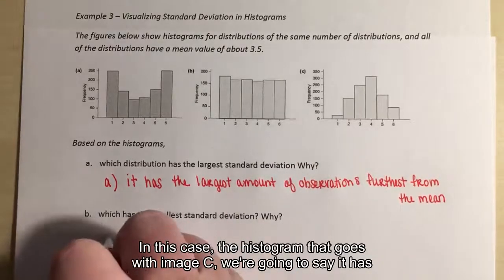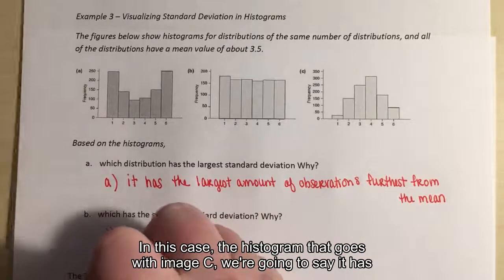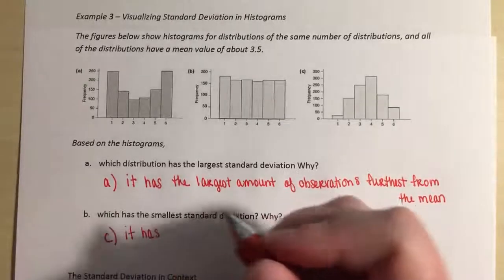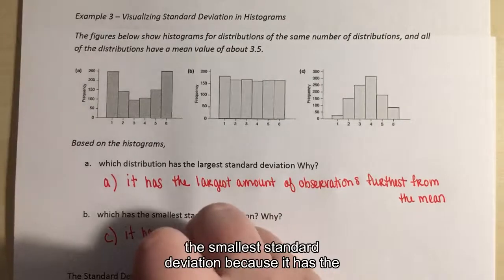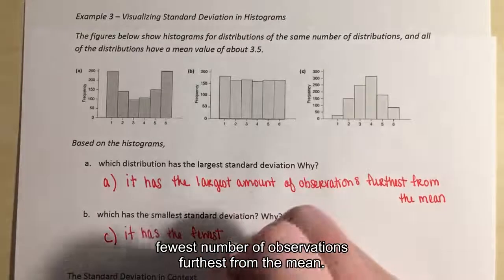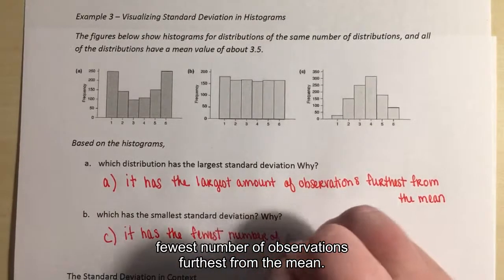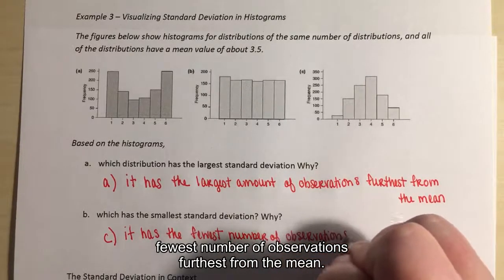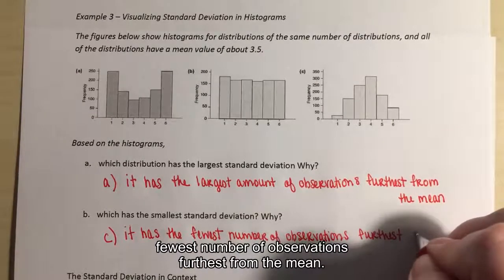So in this case, right, the histogram that goes with image C, we're going to say it has the smallest standard deviation because it has the fewest number of observations furthest from the mean.